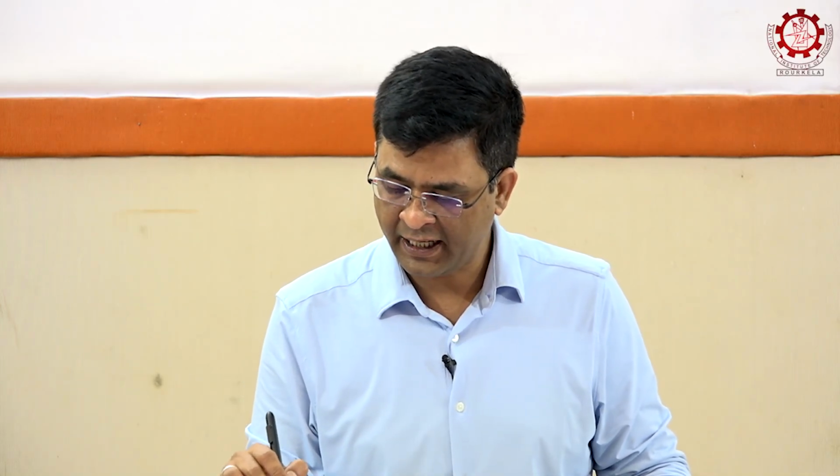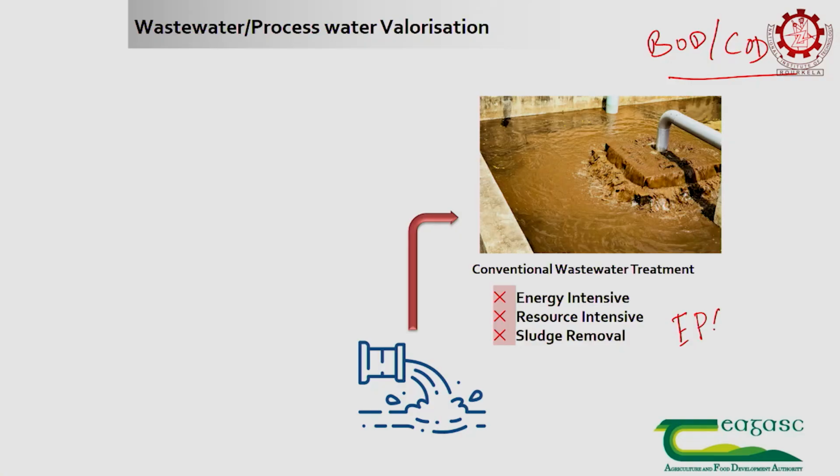Now we have to deal with that water, because EPA stands for Environmental Protection Agency. The regulation is that the water which goes back to the natural water bodies should be the same as drinking water.